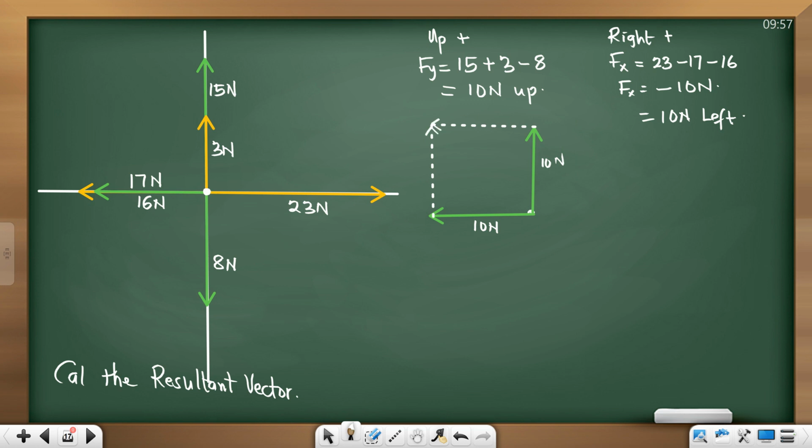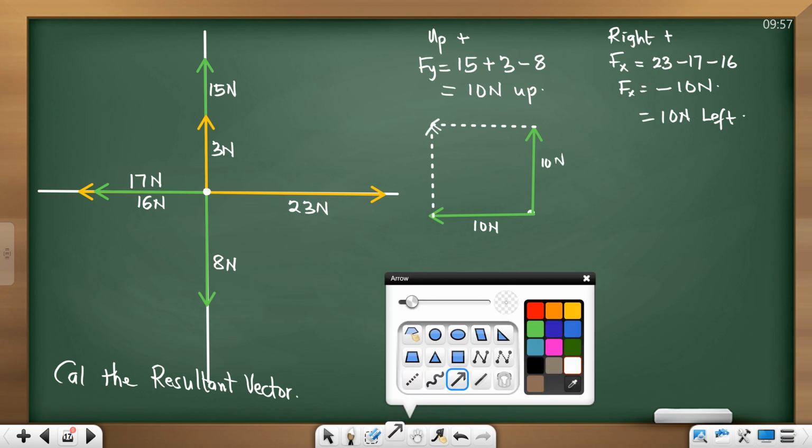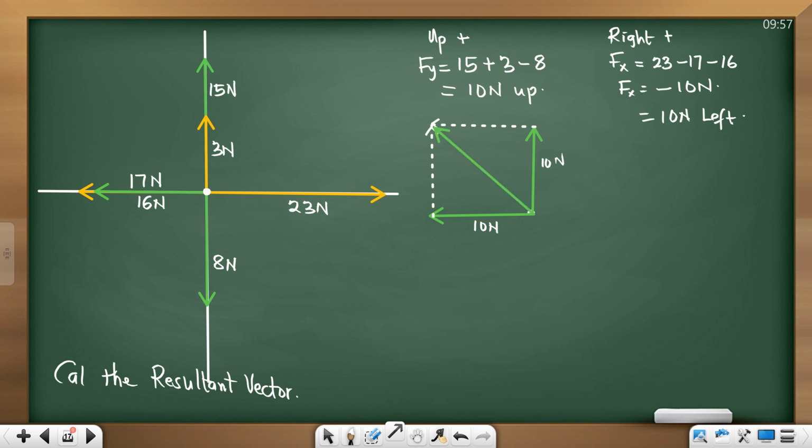There we go. So what's our resultant? Our resultant is that way. Make sense, everybody? I hope that diagram is fine. Now, this is going to be our F resultant. Let's quickly get our F resultant squared, which will be Fx squared plus Fy squared.